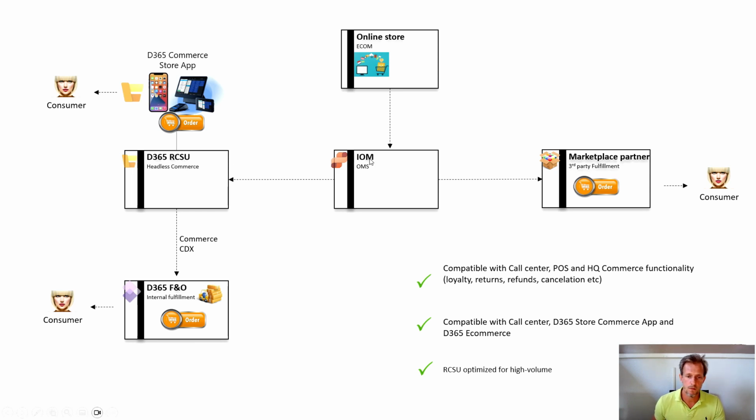So even if such a high throughput would go from IOM through the scale unit, we would be able to manage it. And the CDX connection to finance and operations is also capable of handling larger volumes. So we are much safer in terms of handling those volumes.